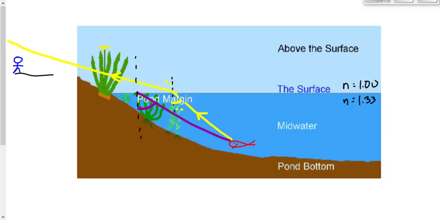What if this purple ray of light hits the boundary between the water and the air at an angle above the critical angle? Could it be a critical angle here? Yeah, we're going from high to low index. There could be a critical angle. What if it's above the critical angle? Then what happens to it? It reflects down like this. So what does this person see? Nothing.